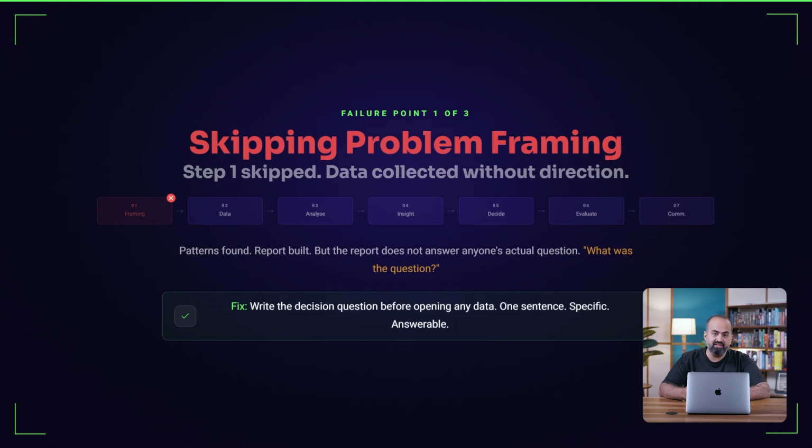They find patterns, usually the most obvious ones. They build a report around those patterns, but the report does not answer anyone's actual question because no one asked a specific enough question at the beginning. The fix: never touch data without writing down the decision question first. One sentence, specific and answerable.